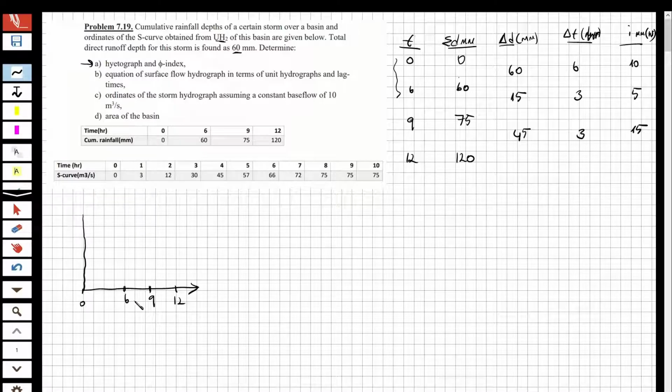Between 0 and 6 the intensity is 10, between 6 and 9 is 5, and between 9 and 12 is 15. This is hour, this is time. So now this is the hyetograph of this storm.